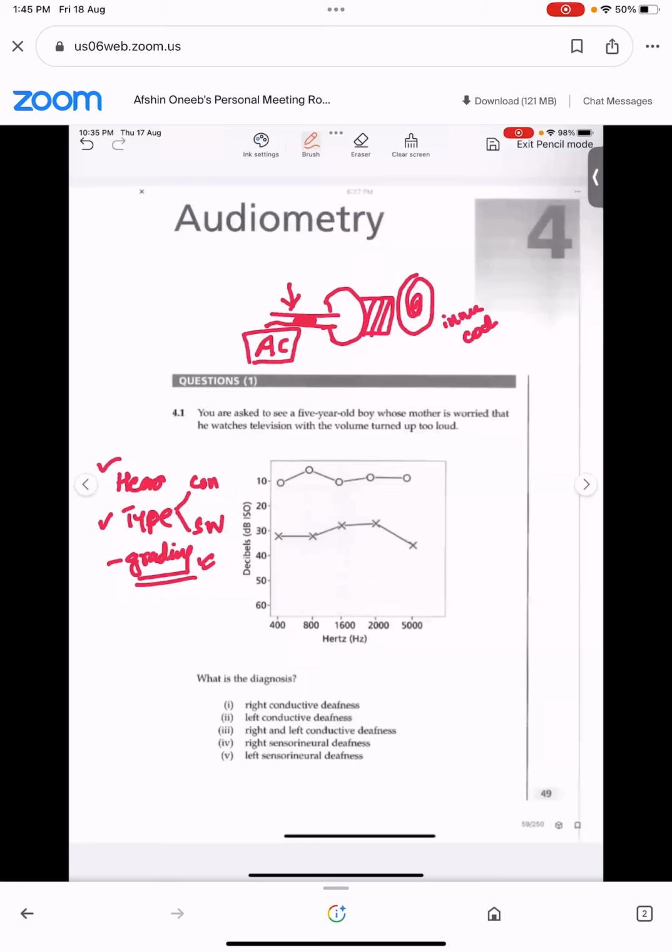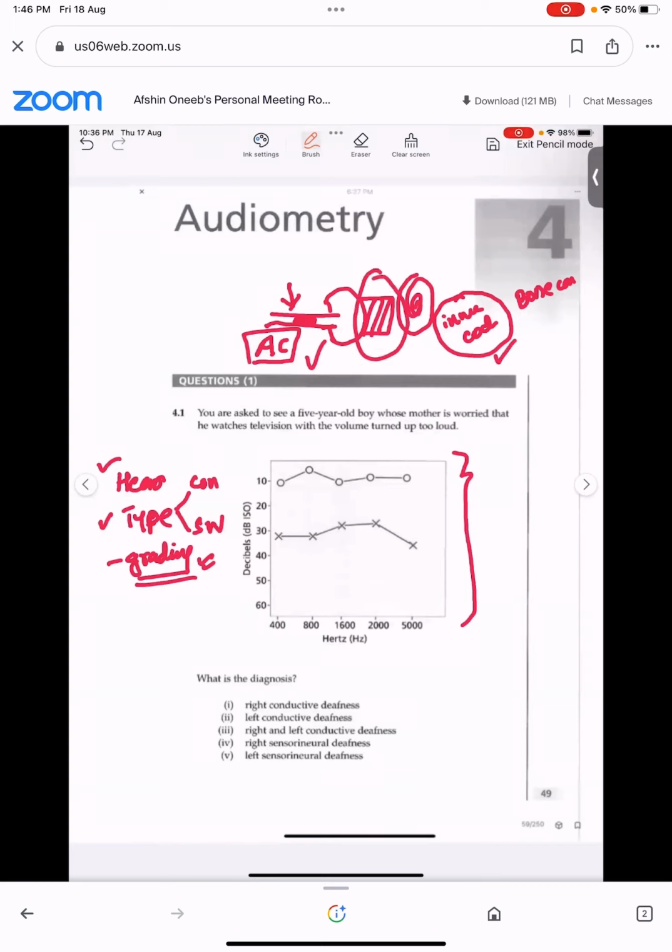Whenever you have any problem in the inner ear, how will we assess it on the audiogram? By the malfunctioning of bone conduction. So by this audiogram we can assess the function of the external ear and the function of the inner ear.